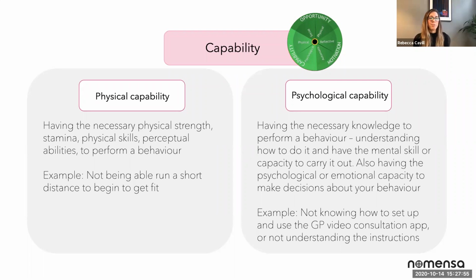But you might find yourself needing to speak to a GP with a medical problem, feeling quite worried, anxious, upset, and you just don't have the psychological capacity to contend with setting up this app for the first time when you're quite distressed about your health and can't focus on all of these things at once.